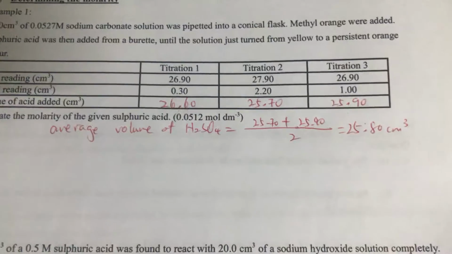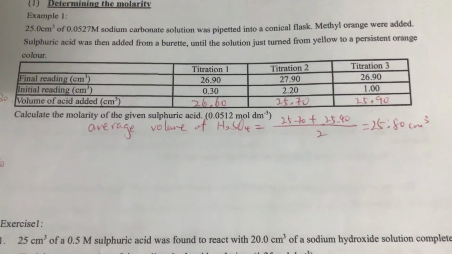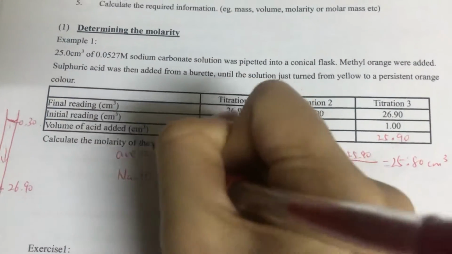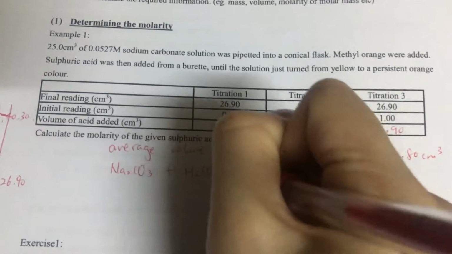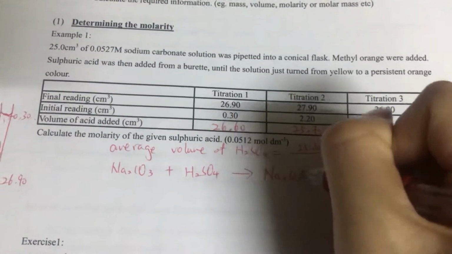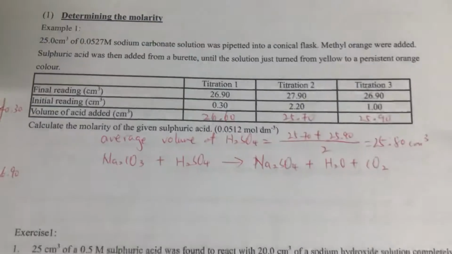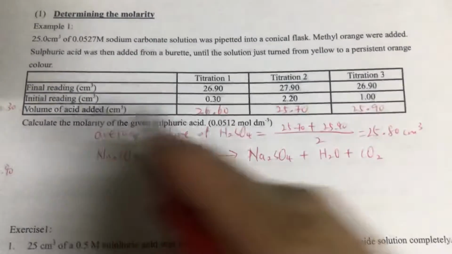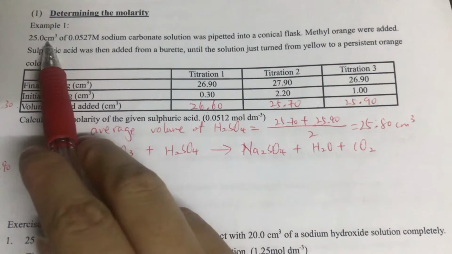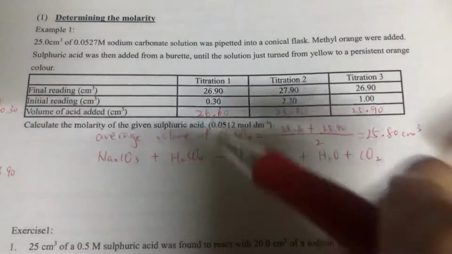Okay, then we follow these 5 steps to solve it. First one, write chemical equation. Done. And then I will write down the numerical data below the relevant substance. For example, sodium carbonate, which volume is 25.